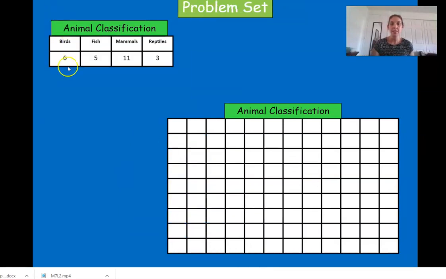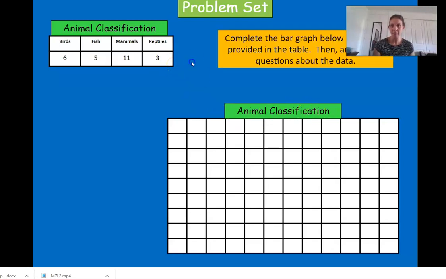Let's look at another one. So we have animal classification. We have, this time it's numbers, okay, instead of tally marks, but it's the same. We have our title. Then we're going to need to label the animal classifications.